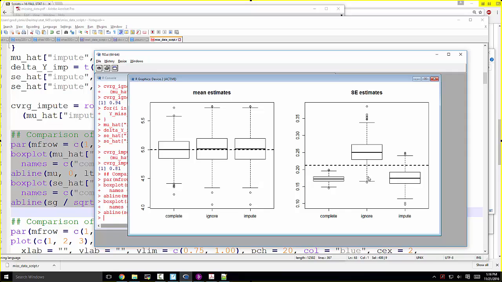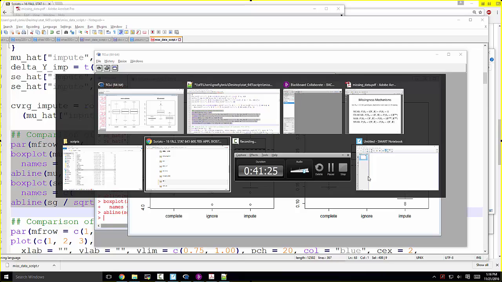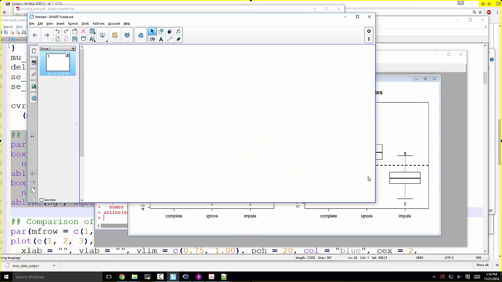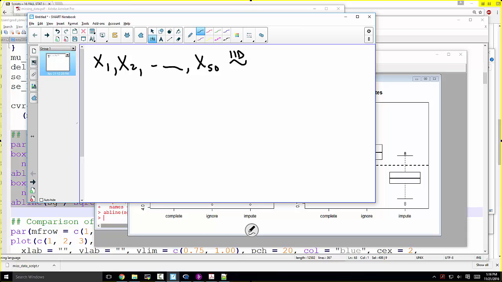Why would that be? A standard error of a mean estimate. So if we, like in our case, we're just saying we have a sample of size 50, IID from some distribution with mean mu and variance sigma squared.